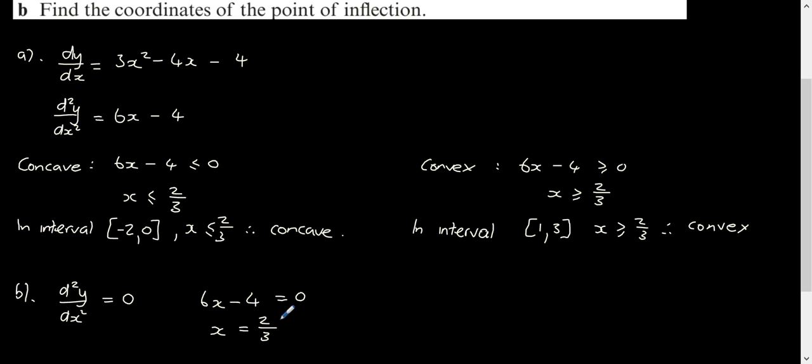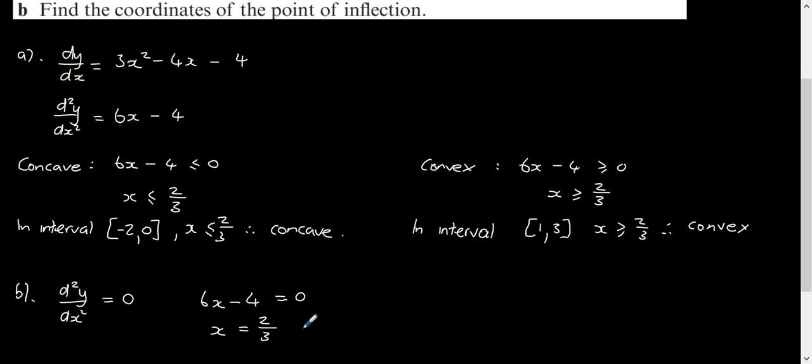Now, finding this x value when d squared y over dx squared equals 0 is part of the process here, but it isn't enough, because there's something interesting about points of inflection. Every single point of inflection has a second derivative of 0. However, not every second derivative of 0 indicates a point of inflection.